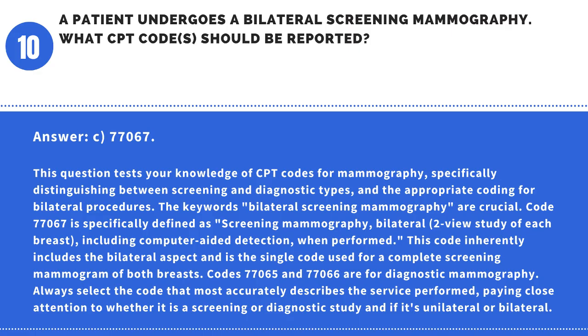This code inherently includes the bilateral aspect and is the single code used for a complete screening mammogram of both breasts. Codes 77065 and 77066 are for diagnostic mammography. Always select the code that most accurately describes the service performed, paying close attention to whether it is a screening or diagnostic study, and if it's unilateral or bilateral.